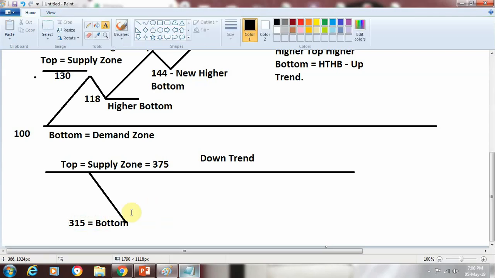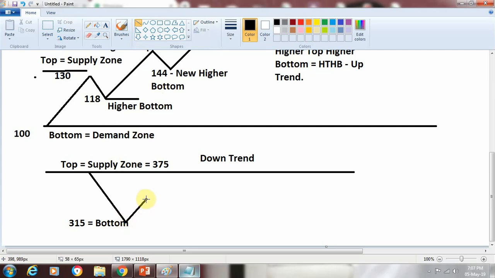At this place, a few people who have sold will think it's now time to buy again, and whenever the buying starts, at the bottom, which we also call the demand zone, there would be demand for this stock and there will be a price hike.